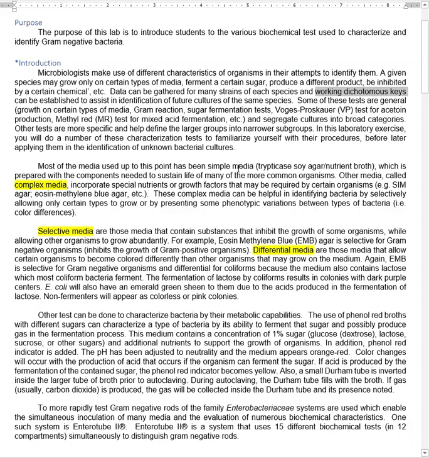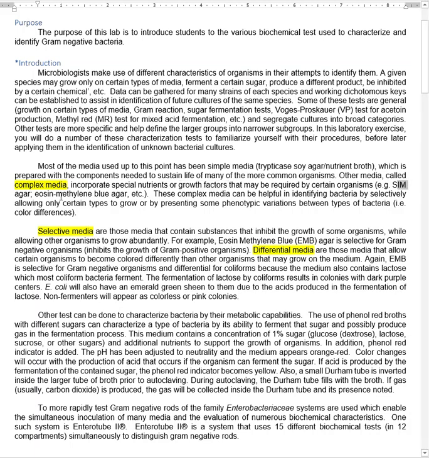So we've been using the TSA, the tryptic soy agar, or that nutrient broth in the test tubes. Those are for the more common type of bacteria, but there are certain media which we call complex media, and these guys are going to have special nutrients or other things that these special bacteria need to grow.